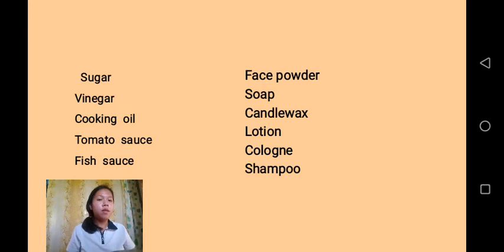So next, okay, face powder, candle wax, lotion, cologne, and shampoo. So mga chemical siya, mga chemical and mga harmful. So remember, not all chemicals can be useful or harmful.